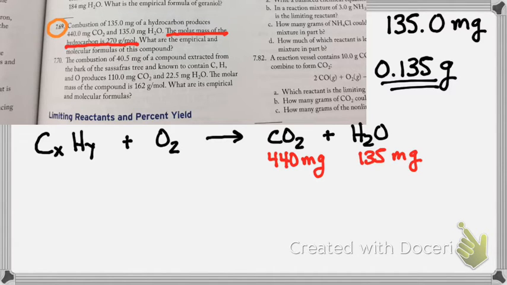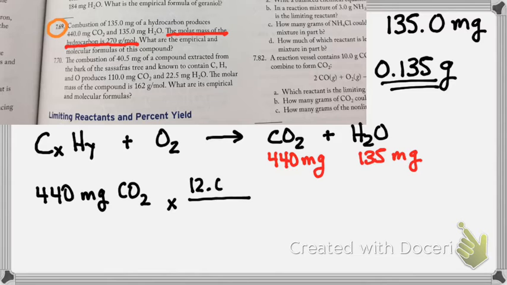So we have 440 milligrams of CO2, and from a molar mass analysis I know that 12.011 milligrams of carbon are in 44.01 milligrams of CO2.